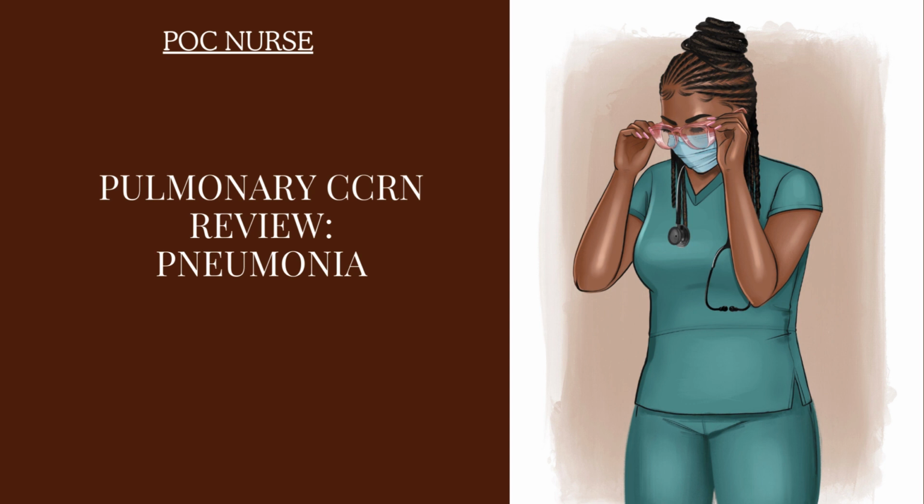Treatment of pneumonia also includes identifying the organism so that we can treat appropriately. If we know what family of bacteria is causing it, we can target it with the appropriate antibiotics. When we talk about antibiotic therapy, we talk about empiric therapy, timing, and organism-specific therapy as soon as the cultures come back.